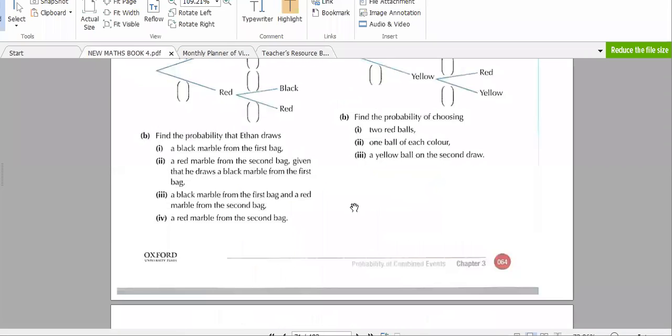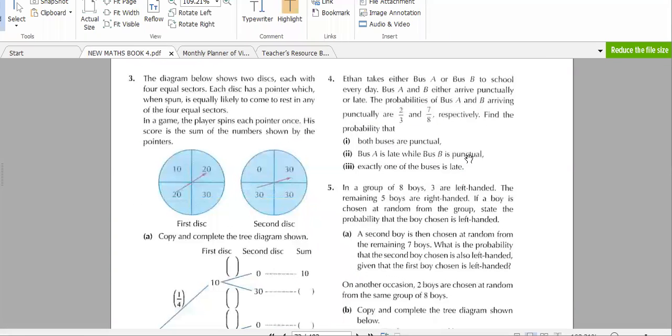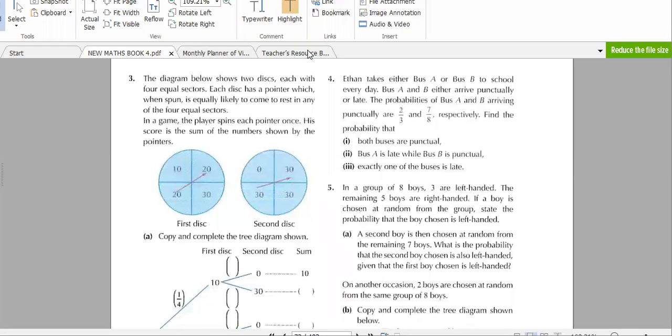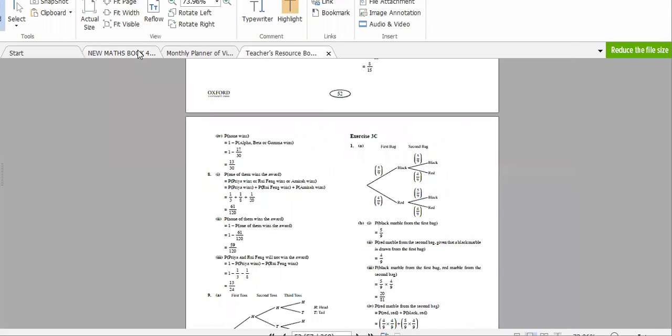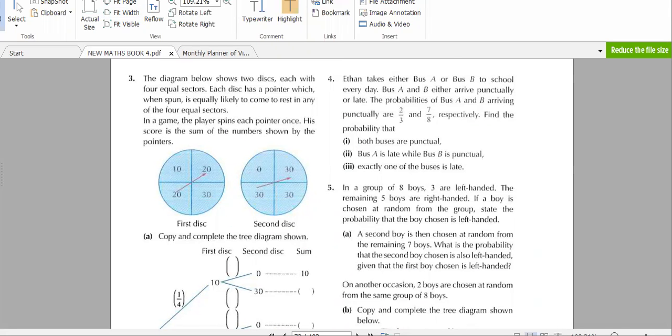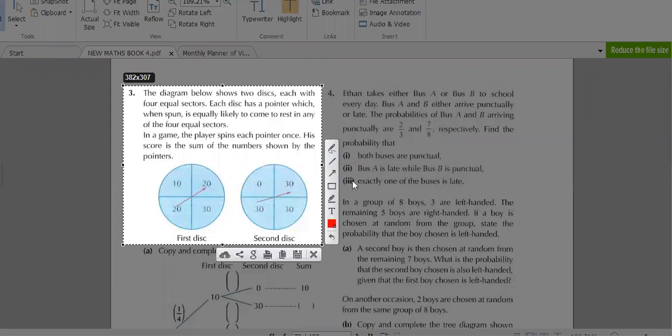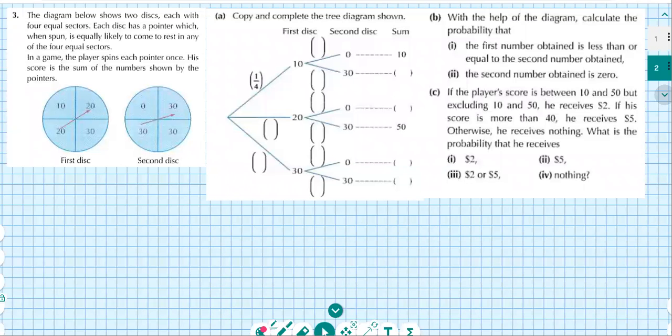Okay, next question. Question number 3. The statement is: the diagram below shows two disks, each with 4 equal sectors.